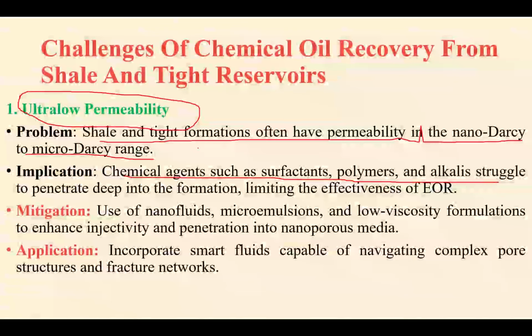If you go through the definition of permeability, ultra low means it will not allow the injected chemical slug, either surfactants or polymer, to enter the formation easily. So accordingly, you have to design surfactants and polymers where injectivity is not a problem.